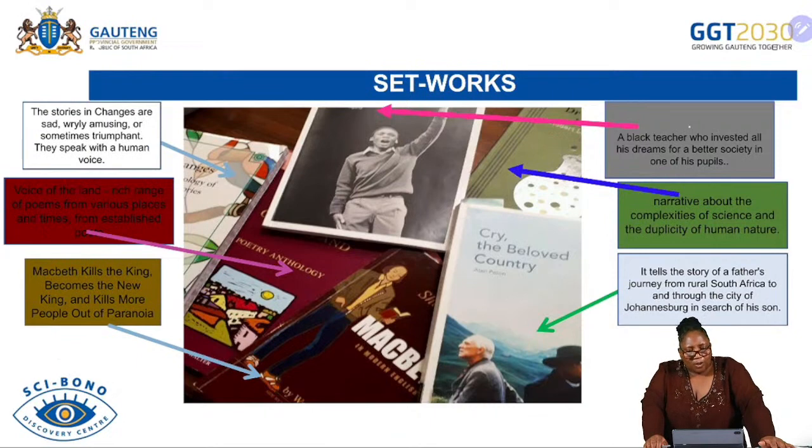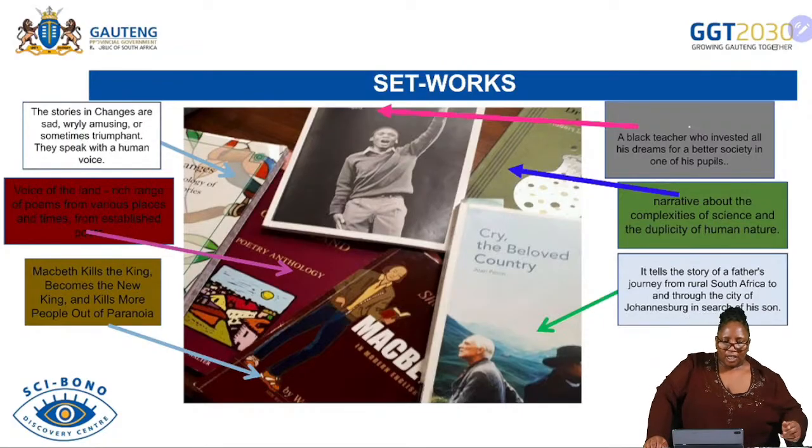We have our short stories, isn't it? Changes. We have amusing stories there, and sometimes we have triumphant stories and sad stories as well. And we have our poetry, the voice of the land. It's rich in poetry that is established from various poets throughout the years.